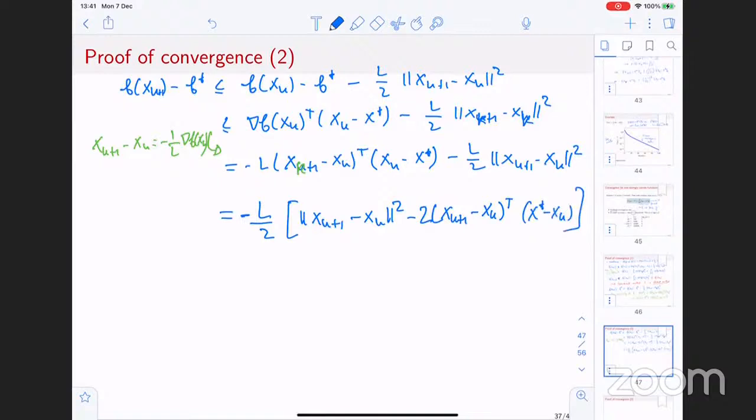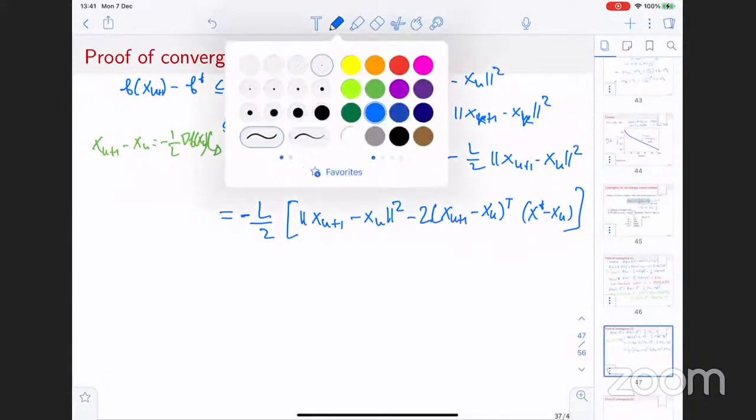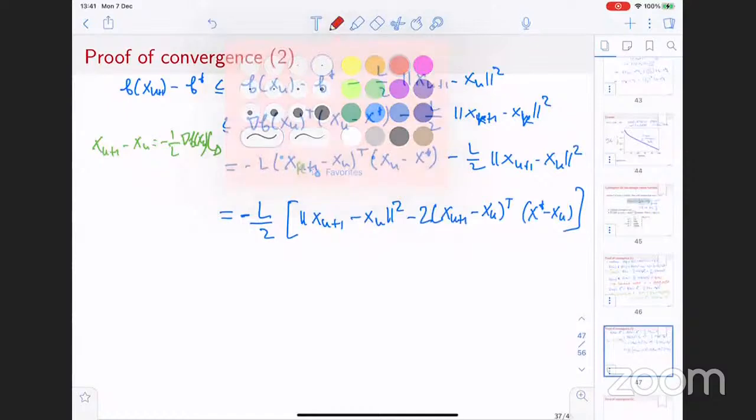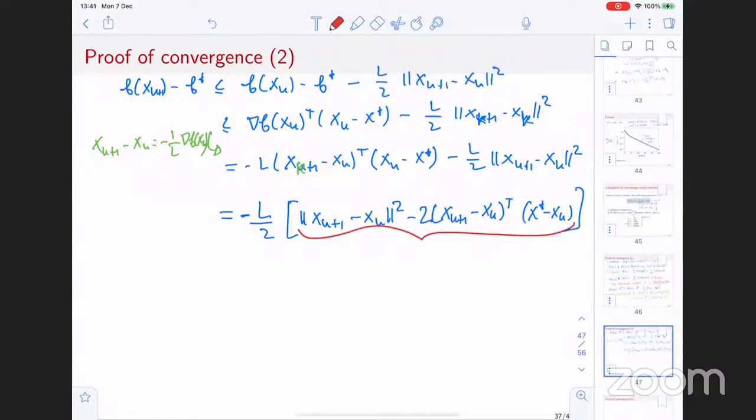So the signs should be okay. Now I'm going to simplify this expression. Note that this expression is of the form norm of a squared minus 2 times a transpose b, where a is equal to xk plus 1 minus xk, and b is equal to x star minus xk.